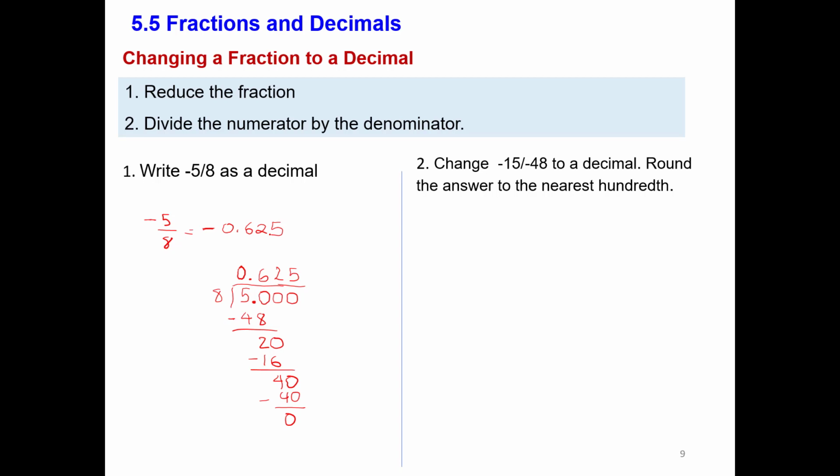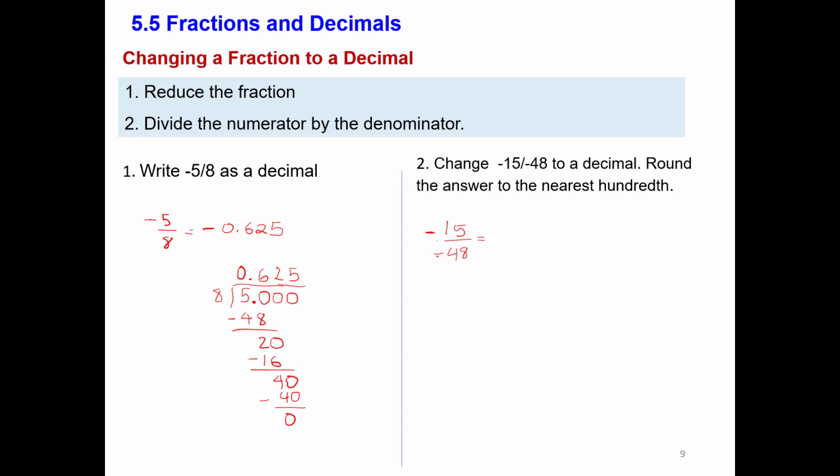And now we need to change this number, minus 15 over negative 48, to a decimal. Round the answer to the nearest hundredth. Let's write the problem here. Minus 15 over minus 48.